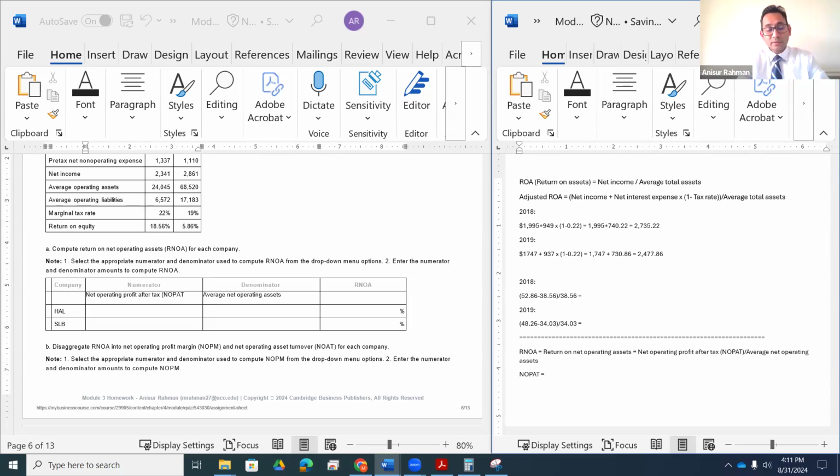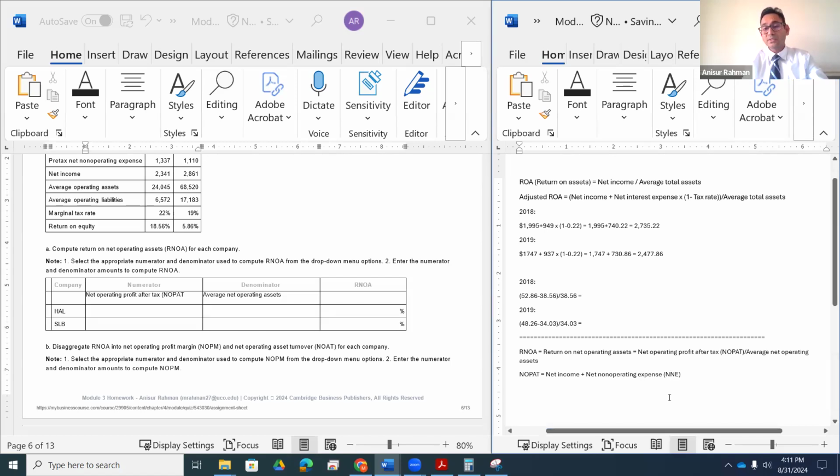In this case, we are going to use NOPAT is equal to net income plus net non-operating expense, which in short is NNE.